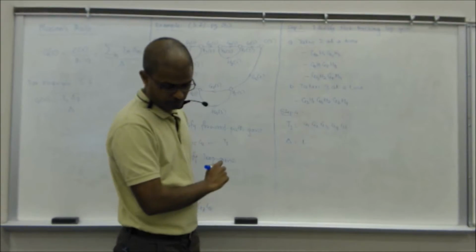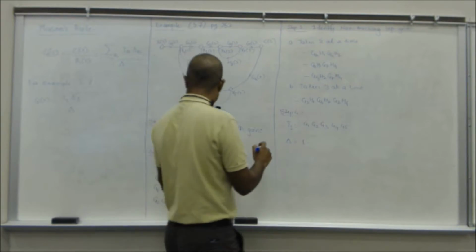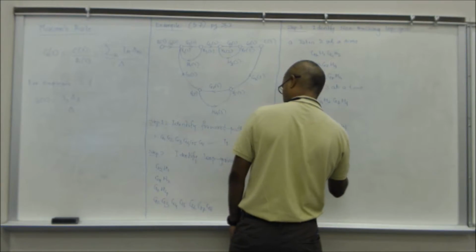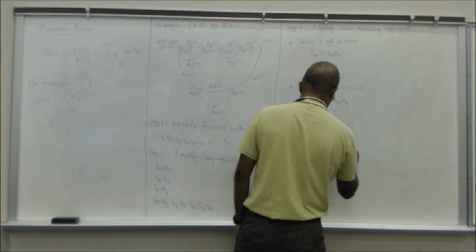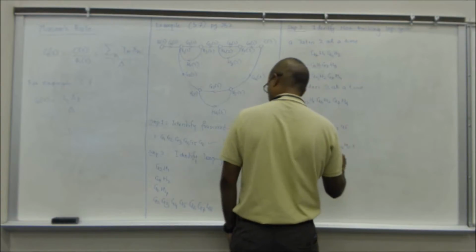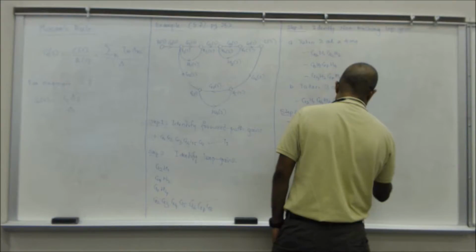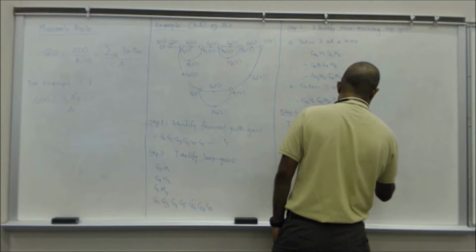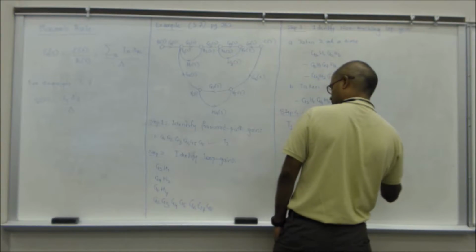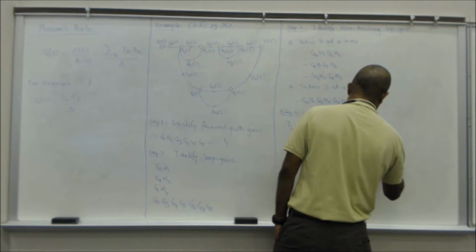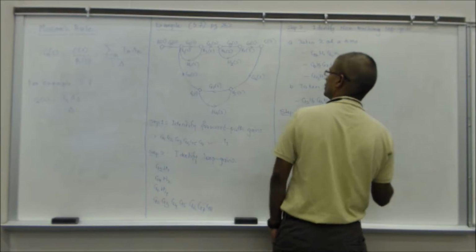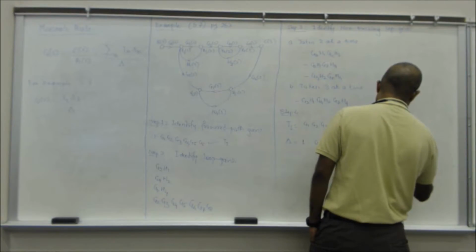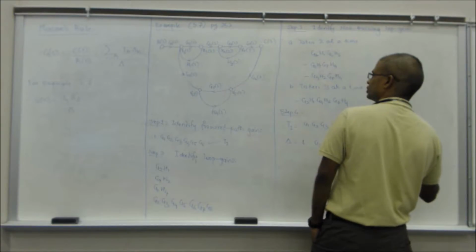So you have G2H1 plus G4H2 plus G7H4 plus G2, G3, G4, G5, G6, G7, G8.